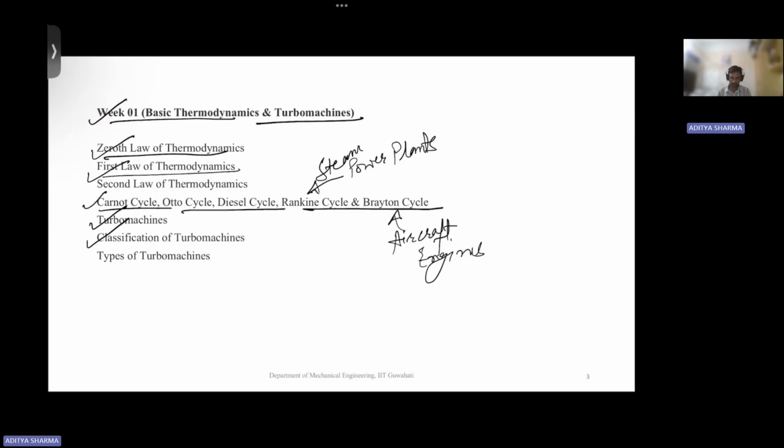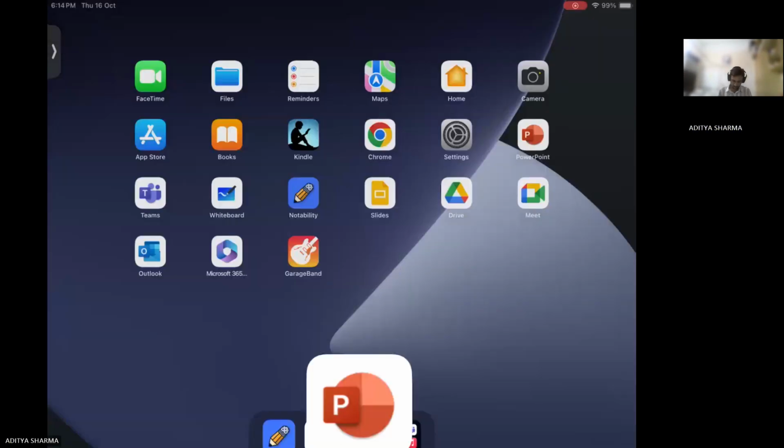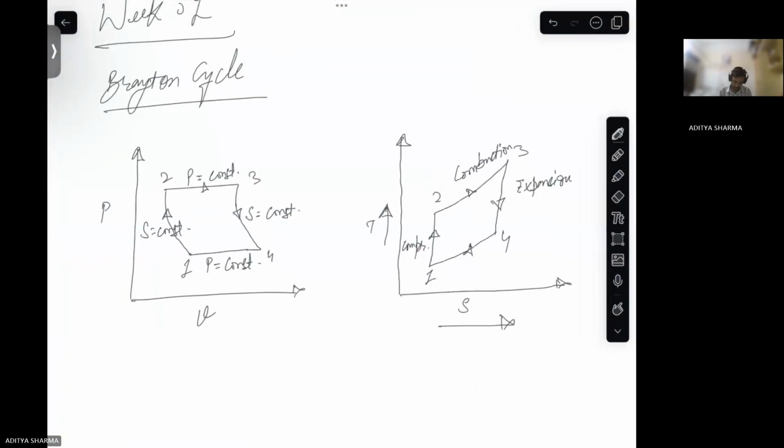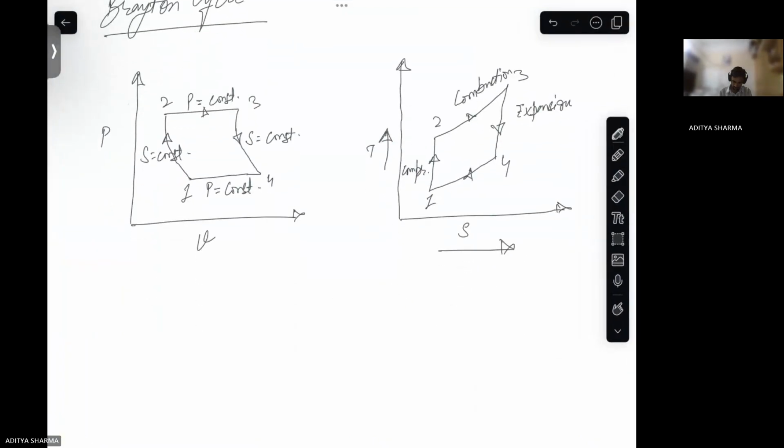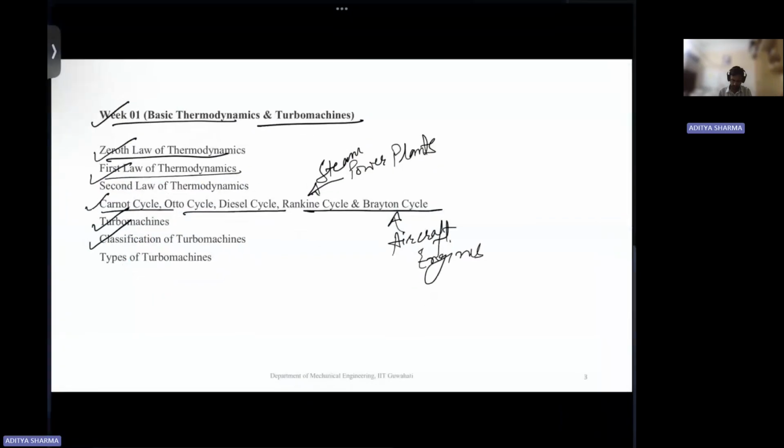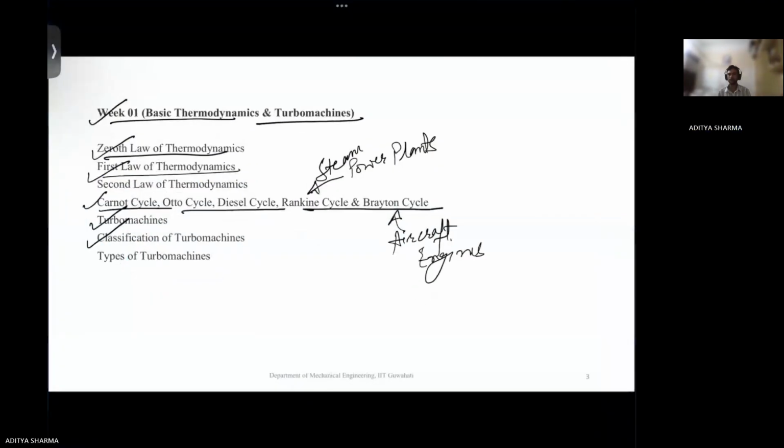And classification of turbo machines is there. There are two fundamental types of turbo machines. One is which is taking power, one is which is giving power.